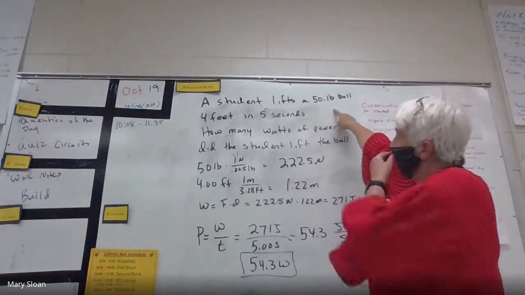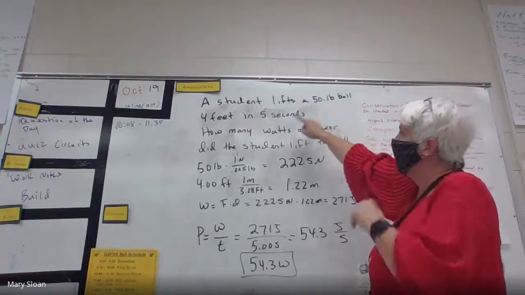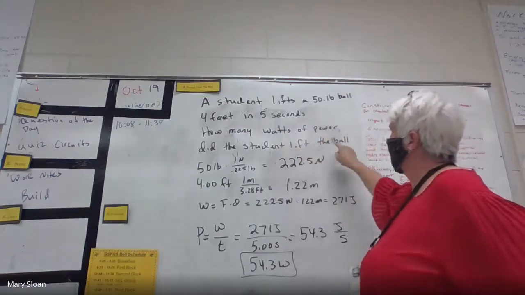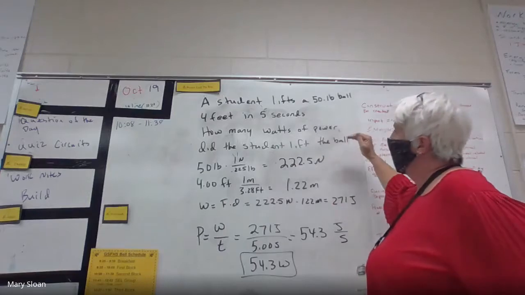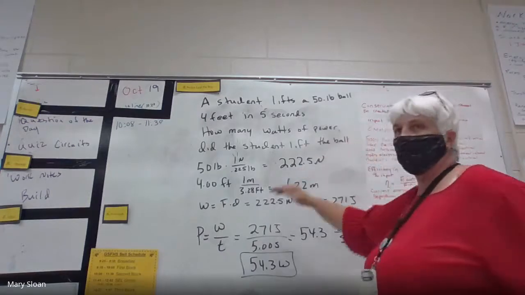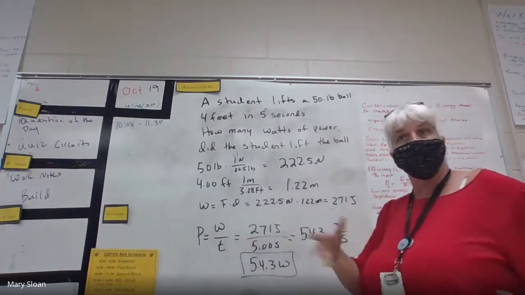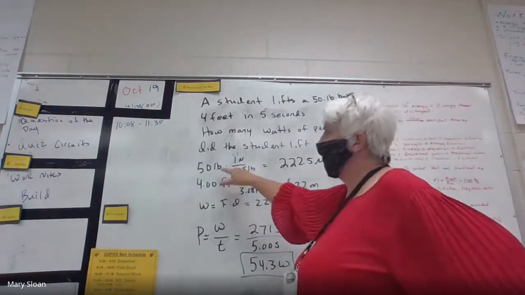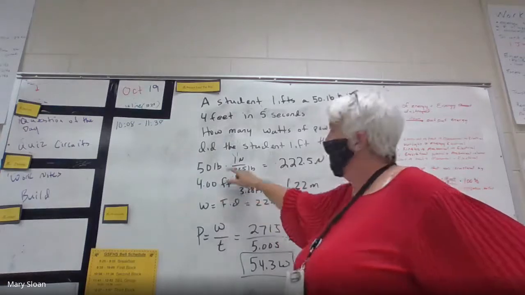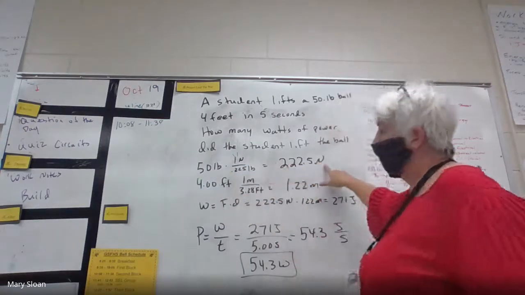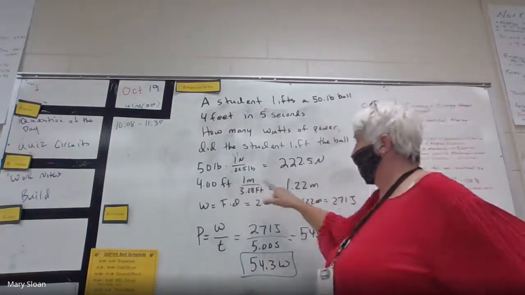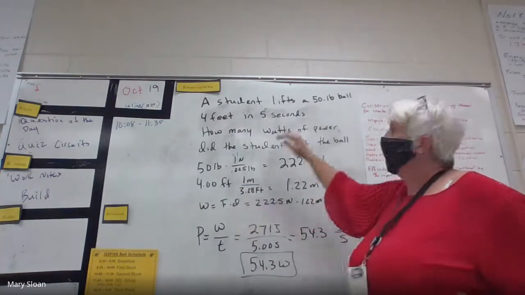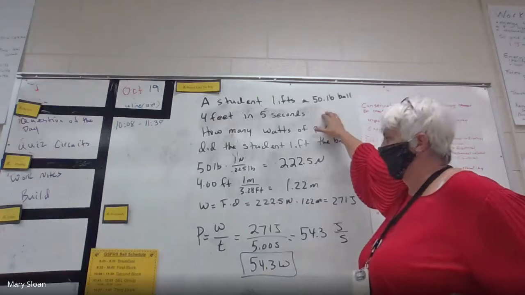A student lifts a 50-pound ball 4 feet in 5 seconds. How many watts of power did the student use to lift the ball? Before we do that, we have to find the work first. This is what we did yesterday. We took our units, because our units were in the wrong part. We changed it from pounds to newtons and from feet to meters to be able to get our work as the student lifts this ball.